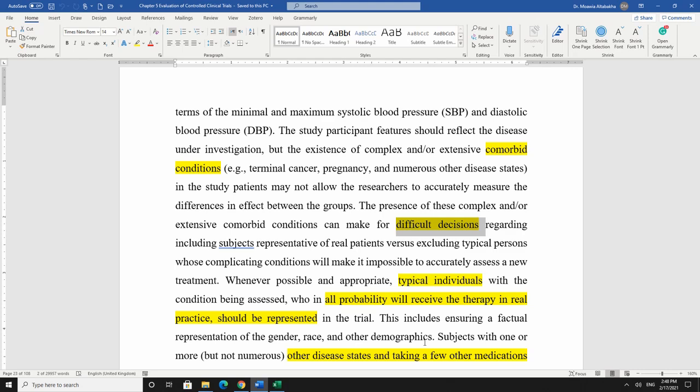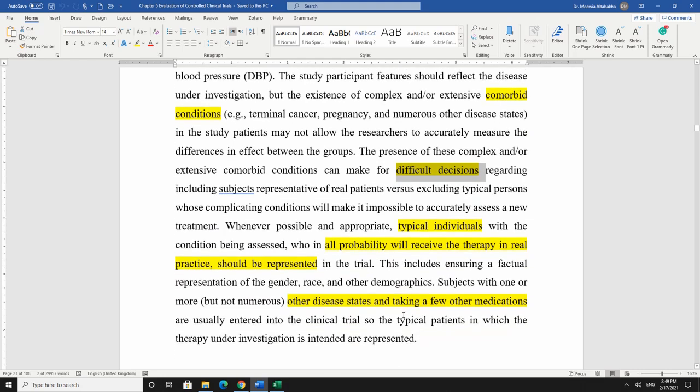The results are there, the drug is effective. Now the practitioners want to apply these results. They want to use the new medication, but they are having a problem because maybe in your inclusion criteria, the subject demographics and characteristics are different from what the practitioners are used to, okay?